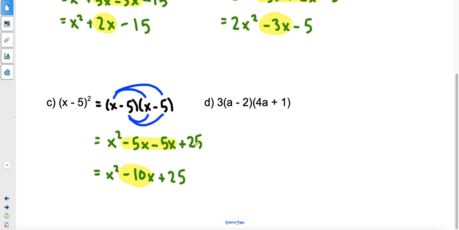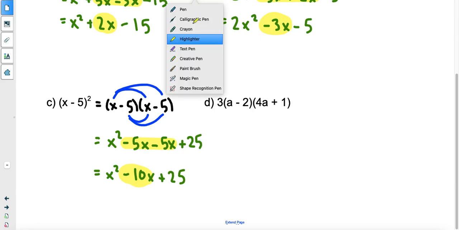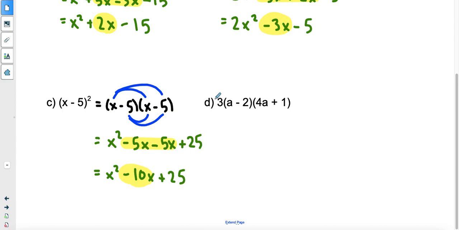Now in this last one here, I'm multiplying 3 times a minus 2 times 4a plus 1. Now there's a few different ways you can do this. The easiest is if we multiply the 3 by a minus 2, right?